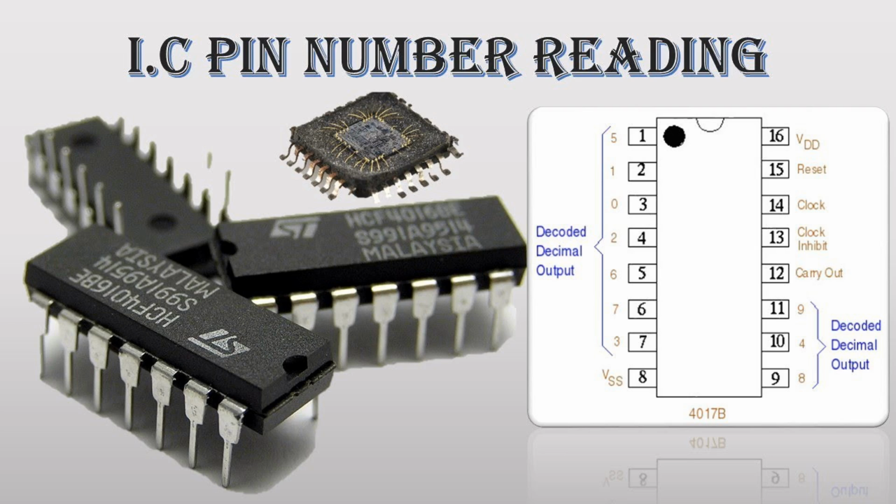DMUXs are used in various applications, including data demultiplexing, signal routing, and data distribution. Demultiplexing ratio. The demultiplexing ratio of a DMUX is the number of output lines divided by the number of select lines. For example, a 1:4 DMUX takes one input and routes it to one of 4 output lines with 2 select lines.